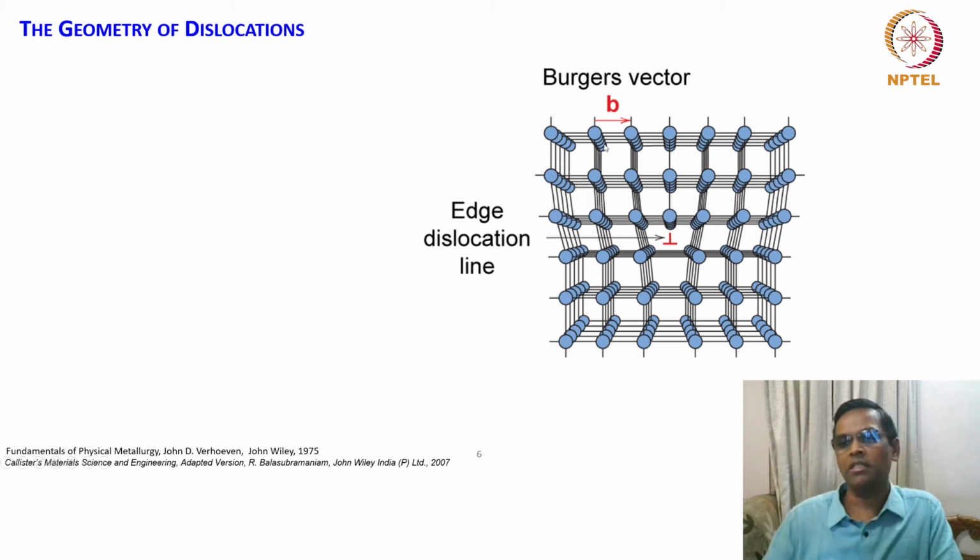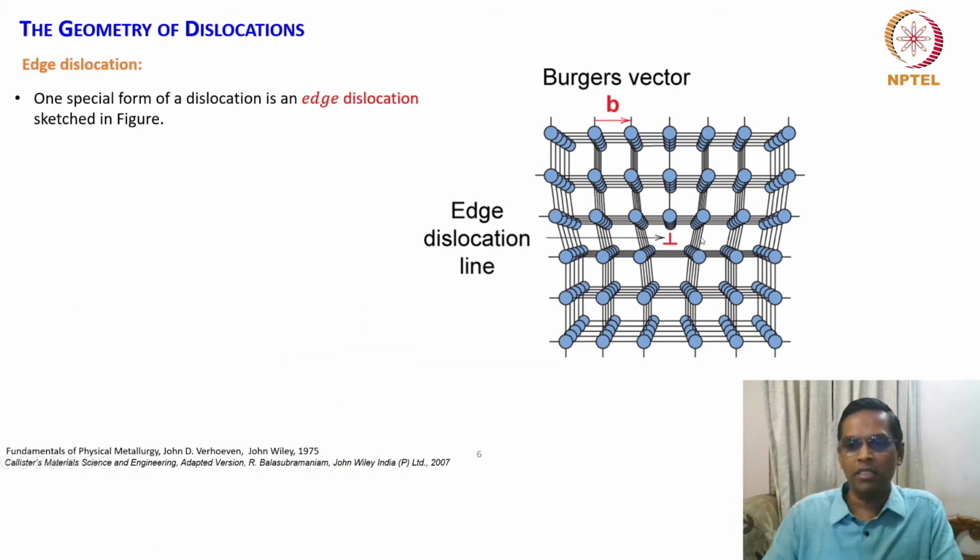These are all atom columns, connected by kinds of springs, and you have an extra plane inserted in the middle. This kind of geometry is called an edge dislocation.